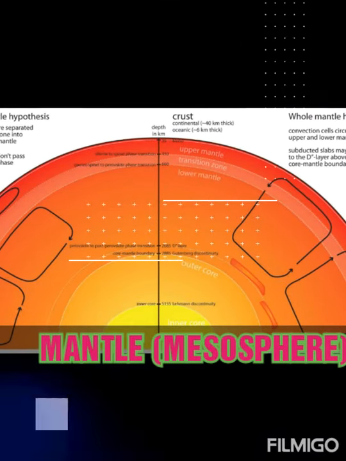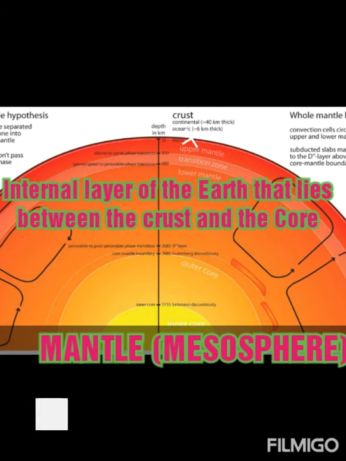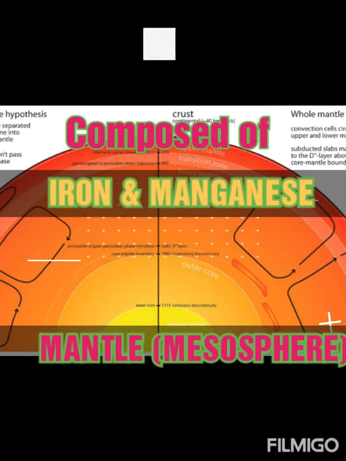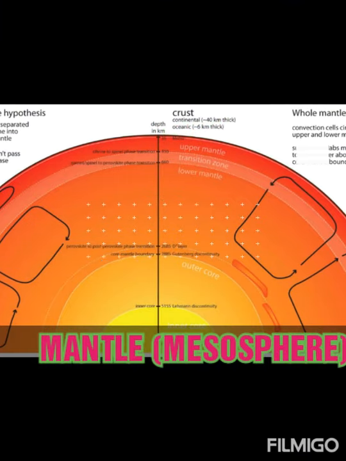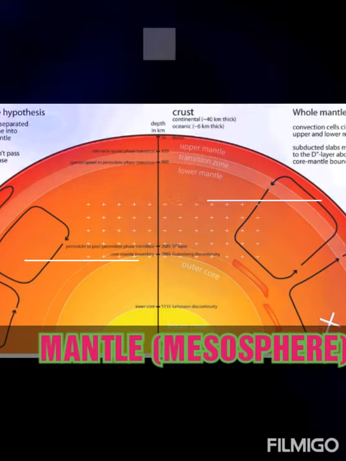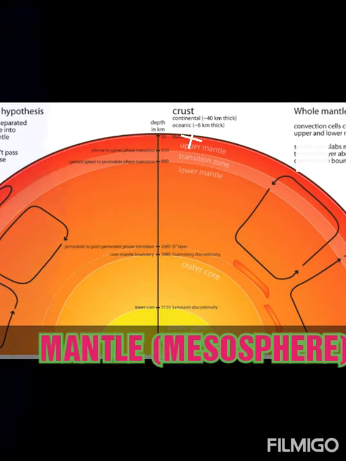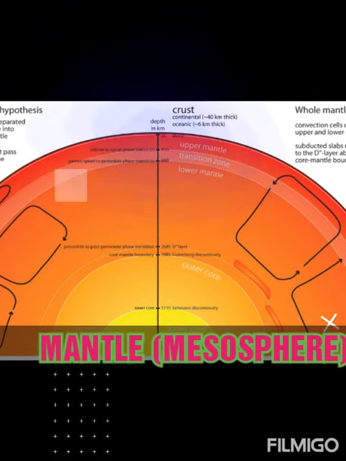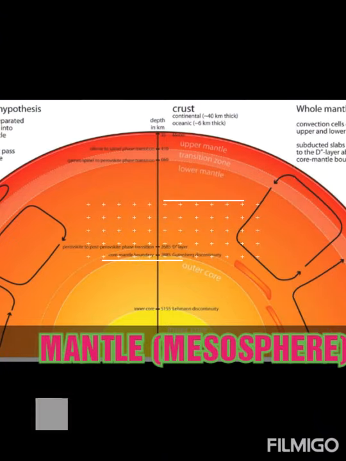The second part is the mantle. This is an internal layer of the Earth that lies between the crust and the core. It is composed of iron and manganese. The mantle is divided into two parts, the upper and lower mantle. In between the upper and lower mantle, there is a layer known as the asthenosphere, which is responsible for balancing the Earth's material movements.